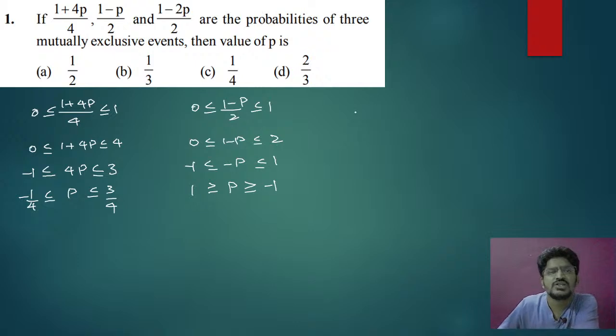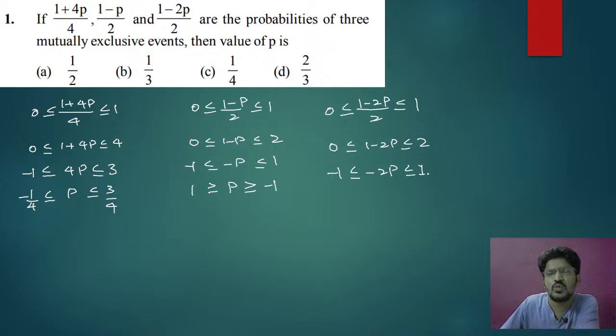Okay. And you can go for the third one, that is 0 ≤ (1 − 2p)/p ≤ 1. So 2 into 0 is 0, 1 − 2p, here 2 into 1 is 2. Take 1 on this side, 0 − 1 will be −1, −2p, and 2 − 1 is 1. Divide by −2 on all 3 sides.